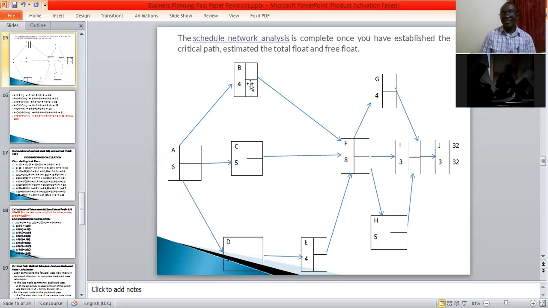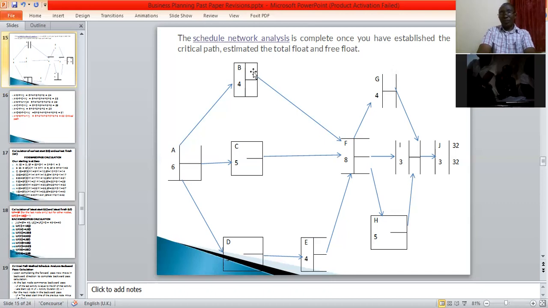So the earliest finish for B will bring the earliest start for F. If F is to start early, we require B to finish early.